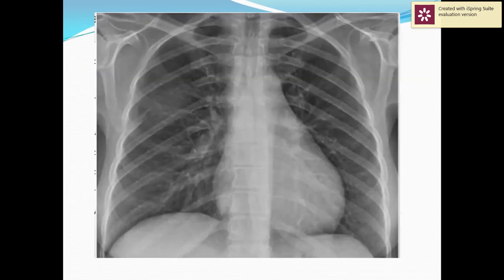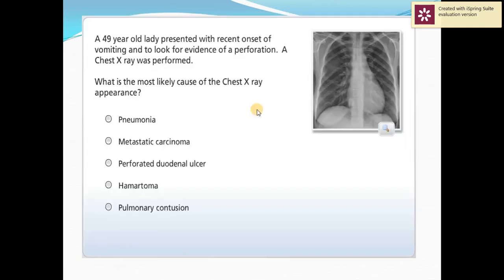Another example of chest X-ray that need to be read systematically. This patient is a 49-year-old lady presented with recent onset of vomiting, and to look for the evidence of perforation, the chest X-ray was performed. What is the most likely causes of the chest X-ray appearance?